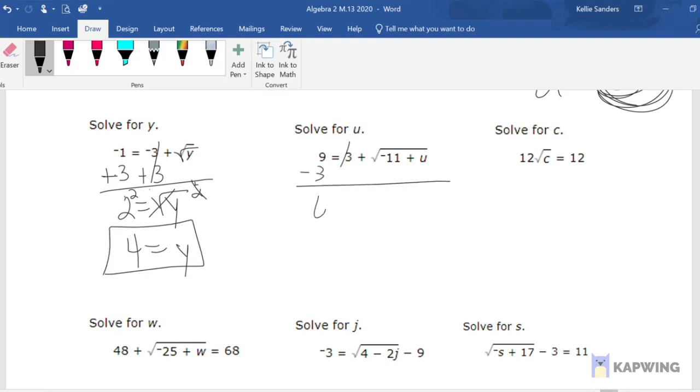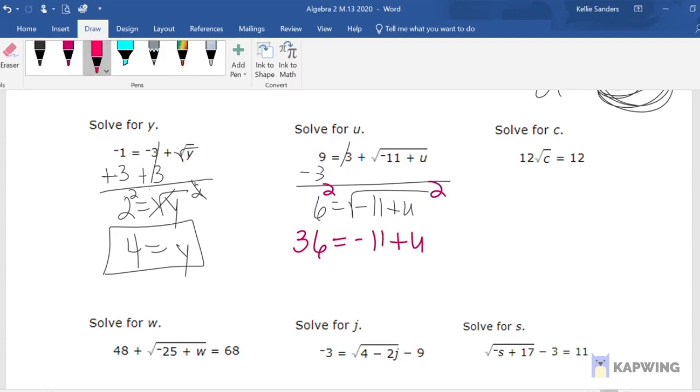Subtract the 3, you get 6. Negative 11 plus U is still there. Square and square to get 36 equals negative 11 plus U. Plus 11, plus 11, 47 equals U.